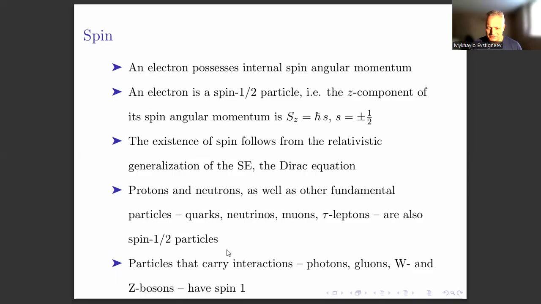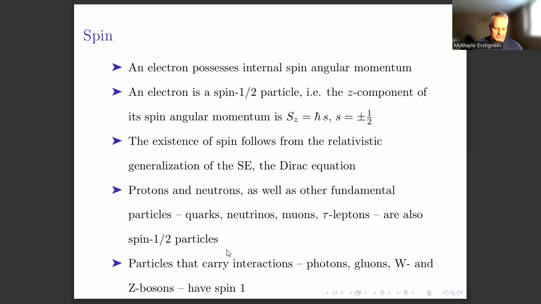So it is not a little bullet or a little ball. It's spread out in space. Yet it does have this internal degree of freedom called spin, and the internal degree of freedom of the electron does not appear in the time-independent or time-dependent Schrödinger's equation unless an electric field is switched on, or unless you want to take into account such fine effects as spin-orbit coupling.